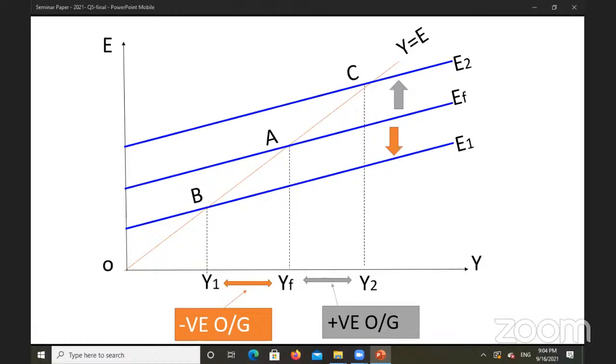There are 3 output gaps called zero output gap, positive output gap, and negative output gap.